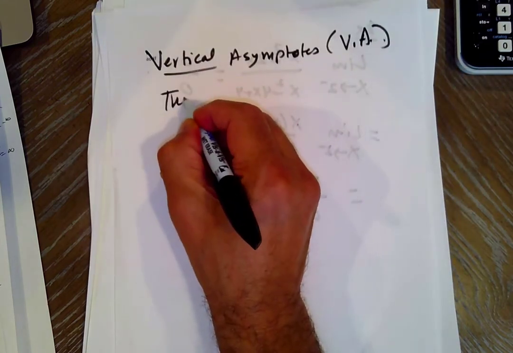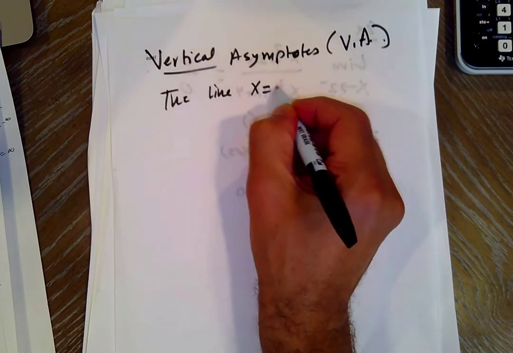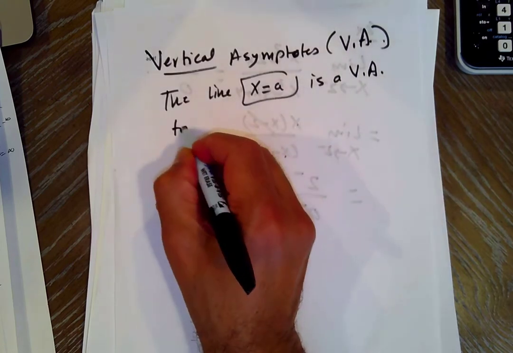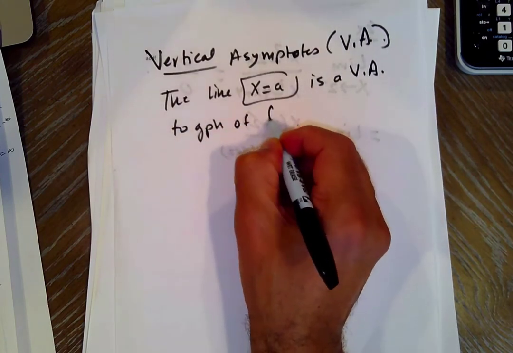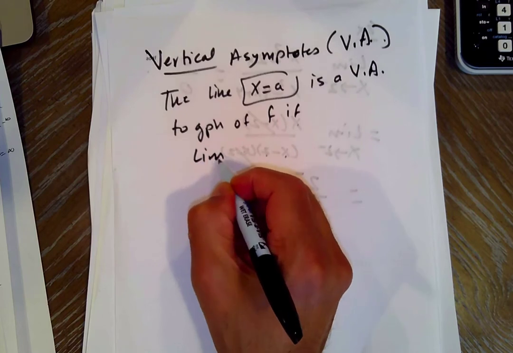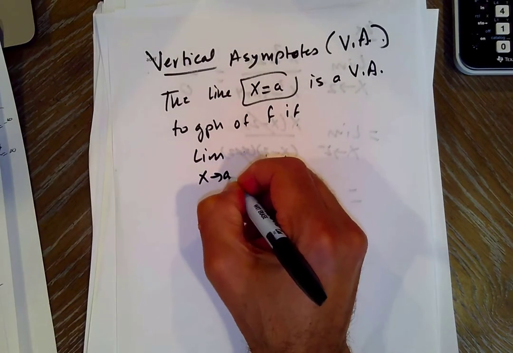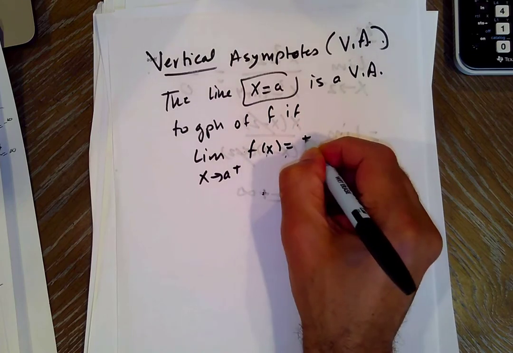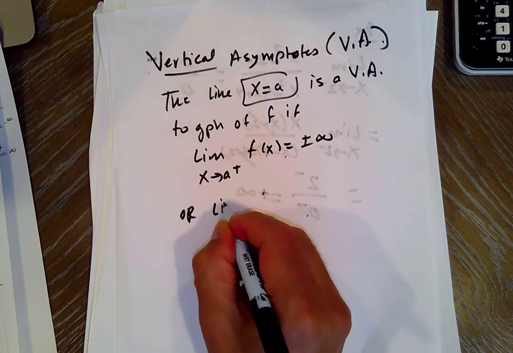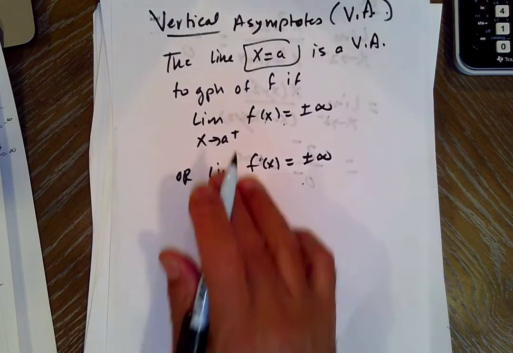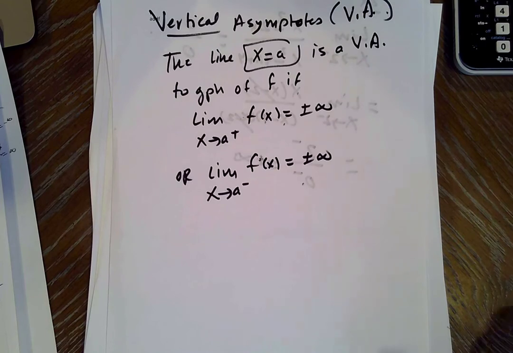So the line x equals a is a vertical asymptote to the graph of f if the limit as x goes to a plus of f of x is plus or minus infinity, or the limit as x goes to a minus of f of x is. So whether it's left limit or right limit gives you infinity, then you say x equals a is a vertical asymptote.